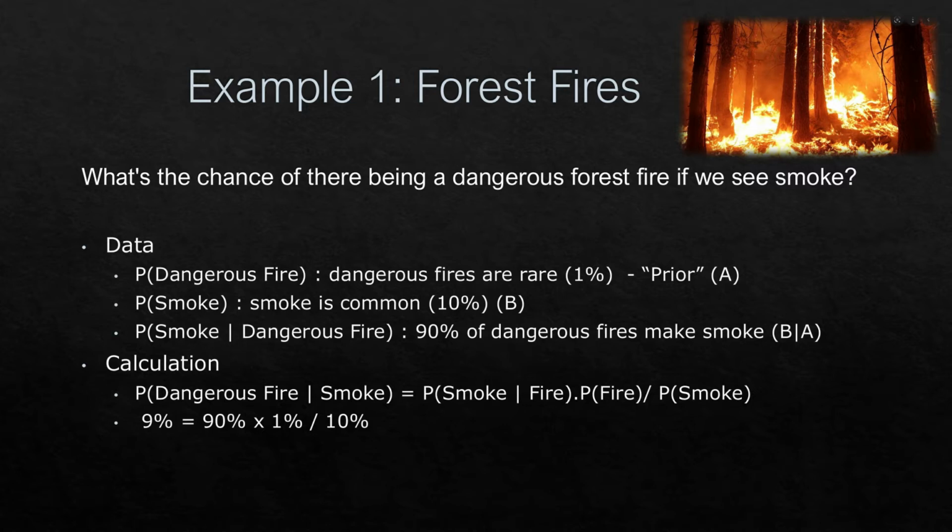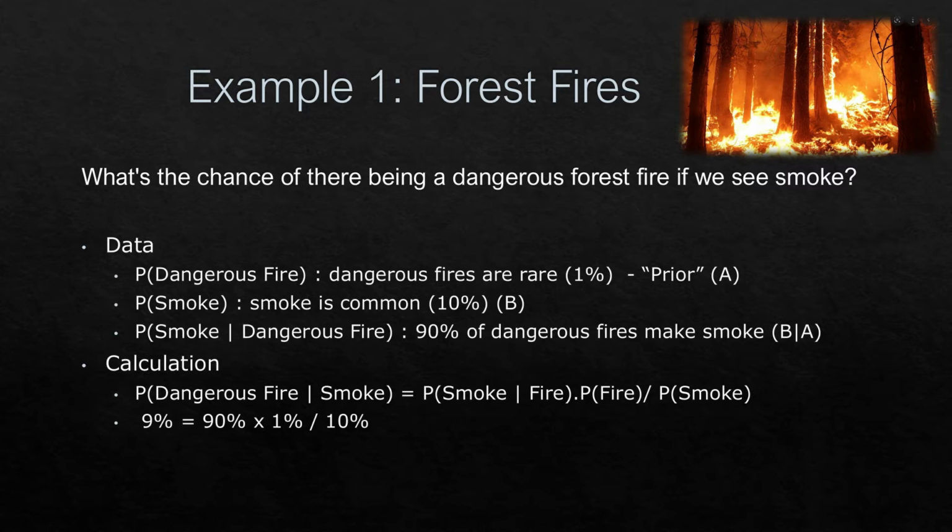What's the chance of there being a dangerous forest fire if we see smoke? You can pretend you're a forest ranger, and you know normally how often you get a forest fire each year. But if you see smoke, does that raise the probability that there's a forest fire there, and by how much?